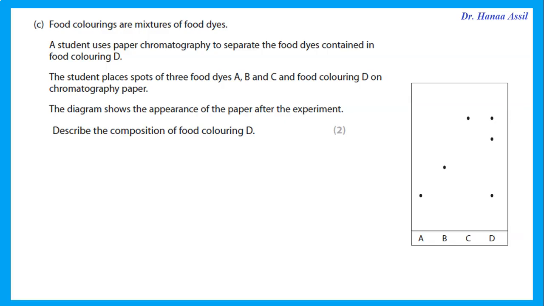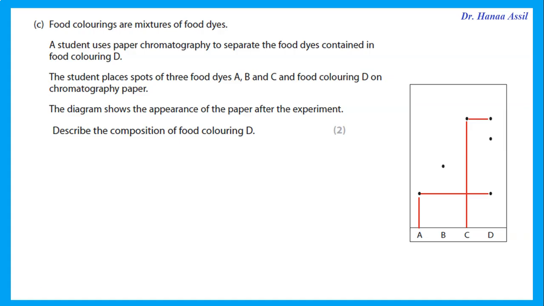So if we look at D, what did they find is present in D? Of course, if spots go up the same height, then they are the same. So what do we have?